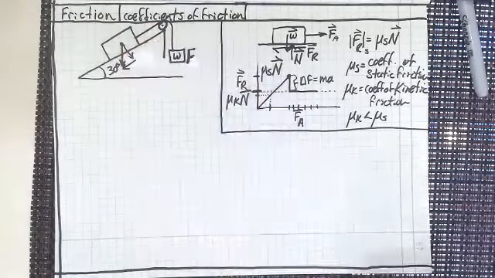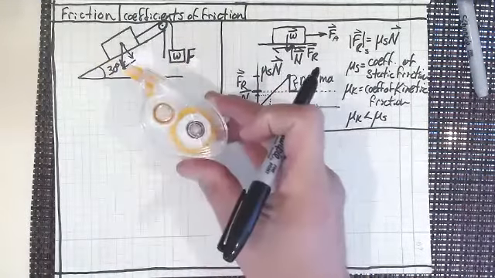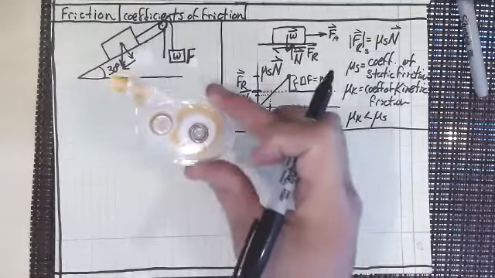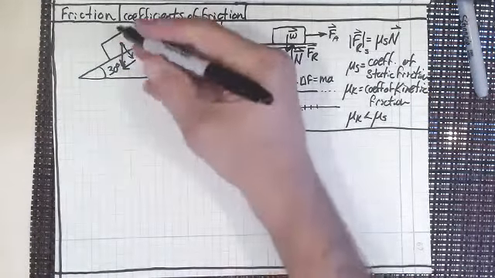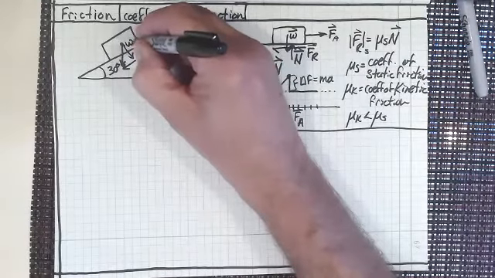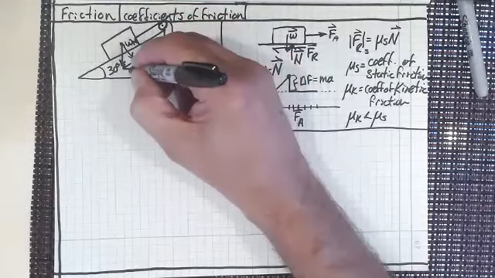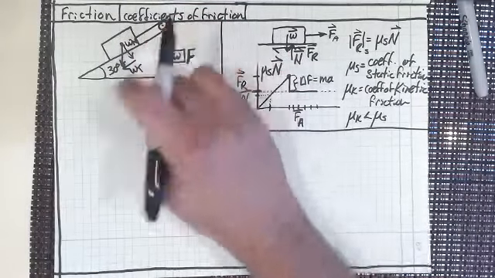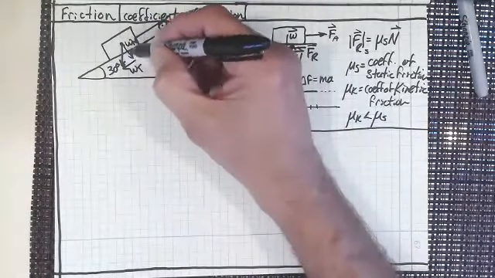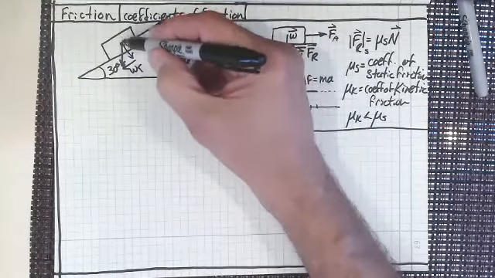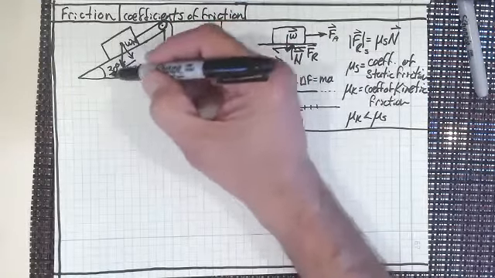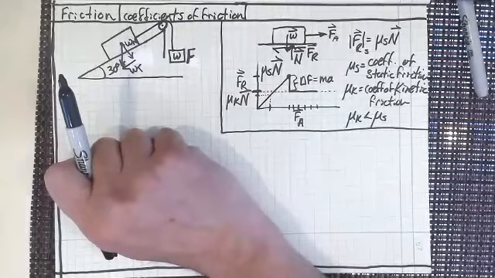I'm going to call this W sub N, and I'm going to call this W sub T. That would be for the weight component that's normal to the surface, and then the weight component that's tangential to the surface. I think everybody can see that.